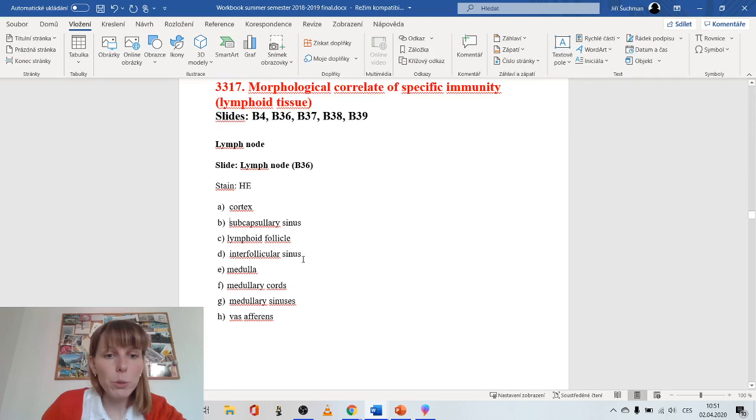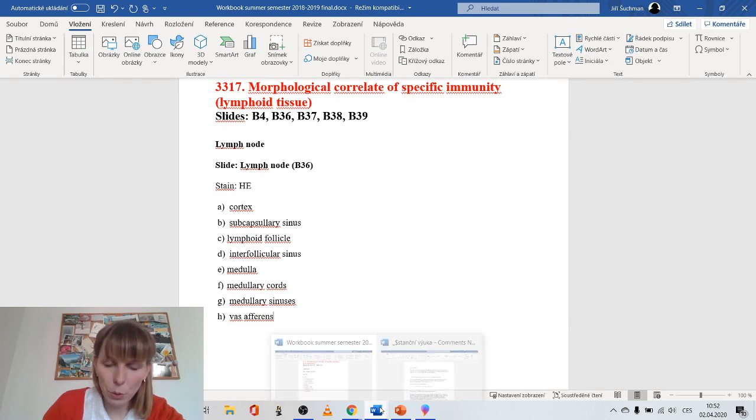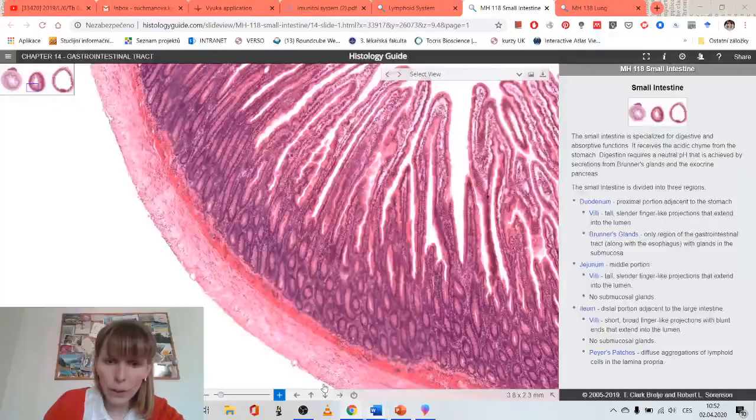Between the follicles we will also have sinuses bringing the lymph through the cortex, and then we should recognize the medulla, where we have the cords of the cells and between them the medullary sinuses. And vas afferens is the afferent lymphatic vessel which is going to the lymph node from the capsule. So let's open.